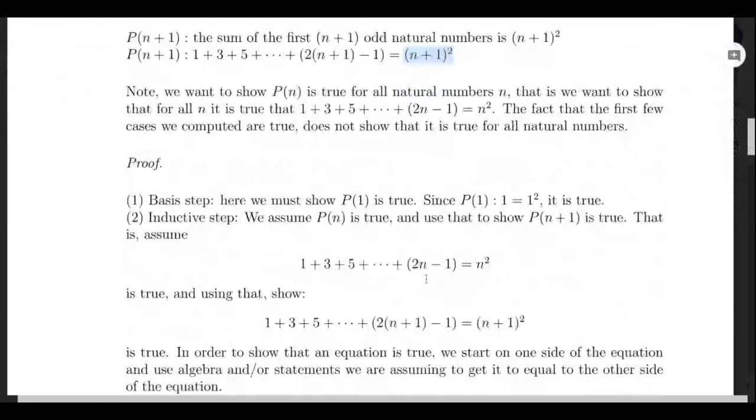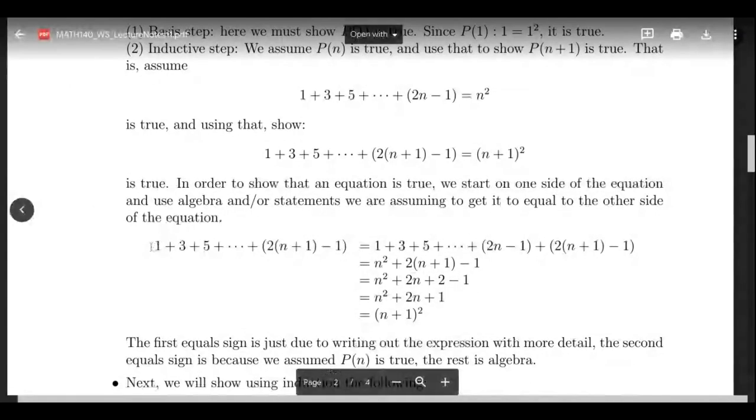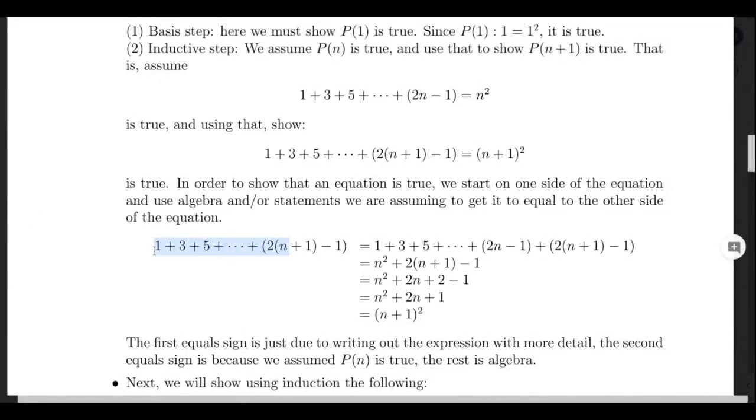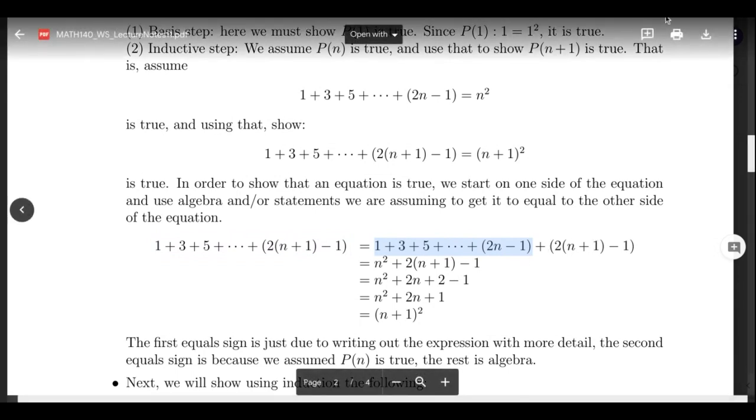So how do we do that? We read it out, right? We read it out, 1 plus 3 plus 5 up to the n plus 1 odd natural number, which is 2 of n plus 1 minus 1, right? Then that would be the sum of the first n odd natural numbers plus the n plus 1 odd natural number. Okay.